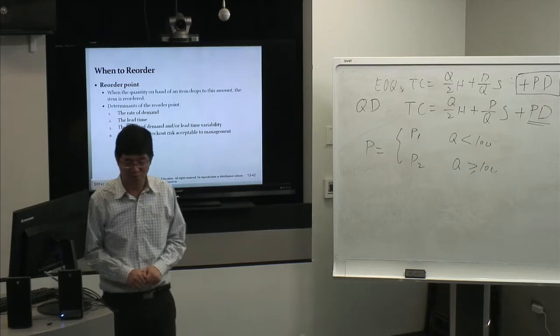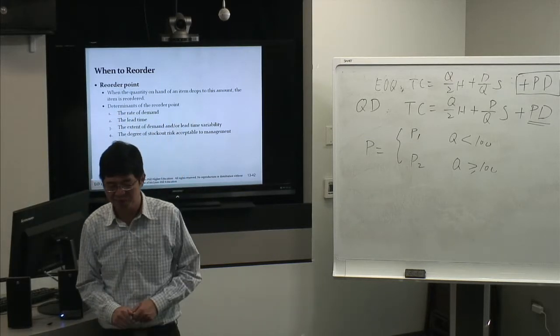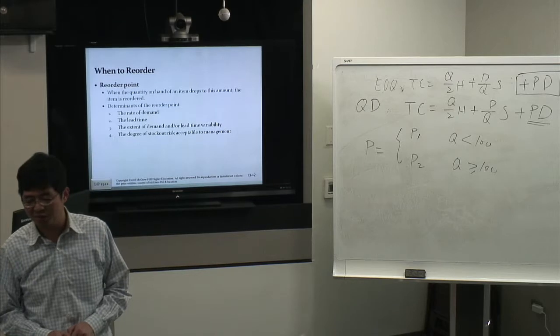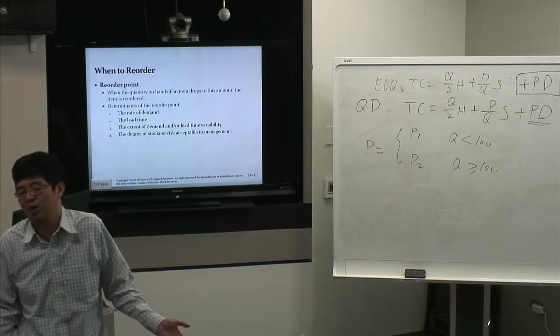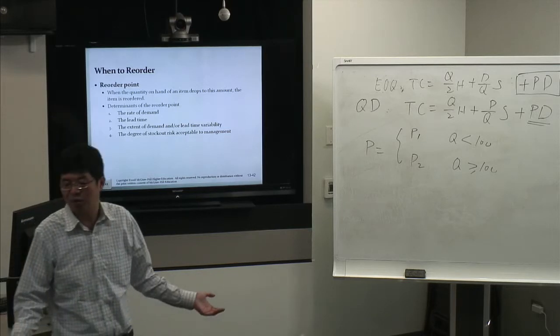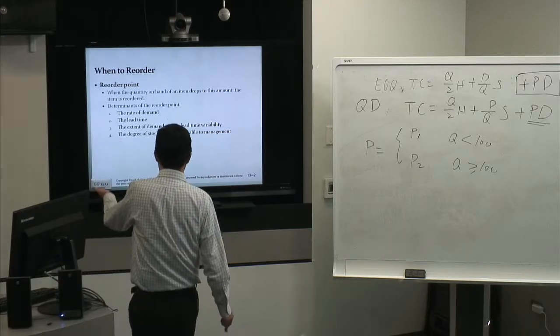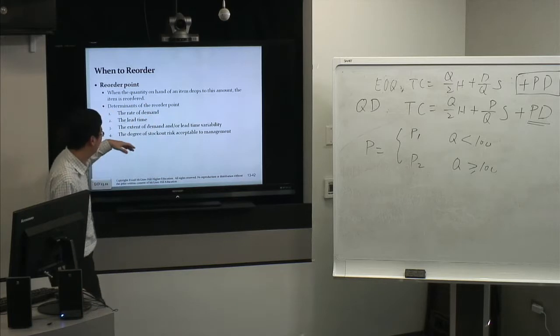Do we have demand variability? Is it constant? It's 0, actually, right? We don't have any variance. Lead time, the same thing. So for EOQ, we don't worry about the third bullet here.